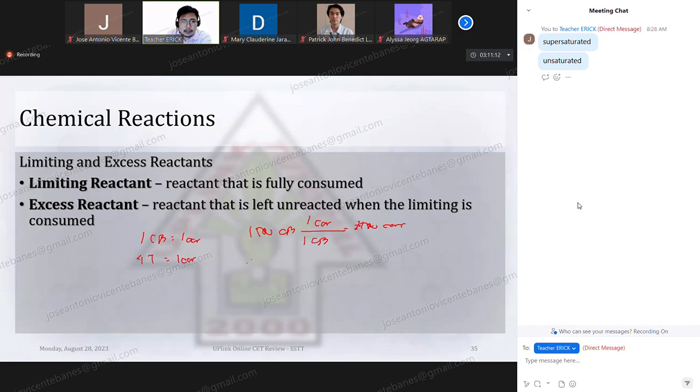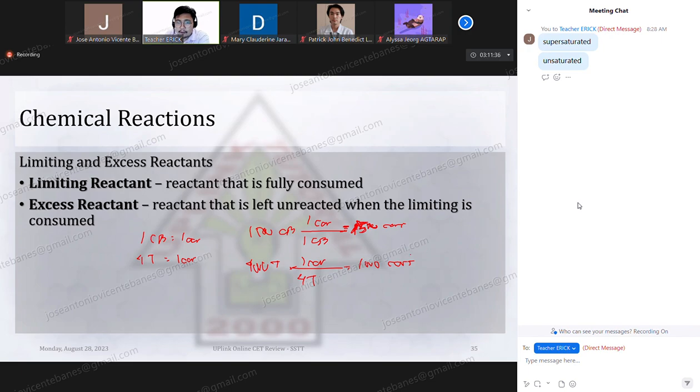But if you have 4,000 tires, for example, then we want to compute first for the ratio. For every one car, you will need 4 tires. So which means you will create 1,000 cars. Now my question is, which is the limiting and which is the excess? With the car bodies, you created 1,500 cars, but with the 4,000 tires, you only created 1,000.